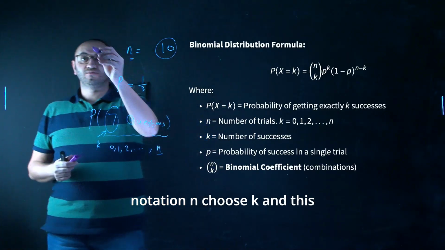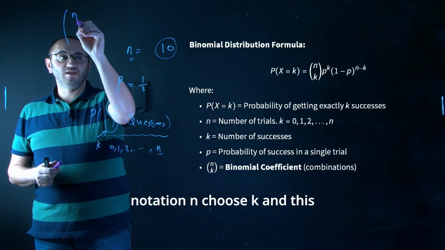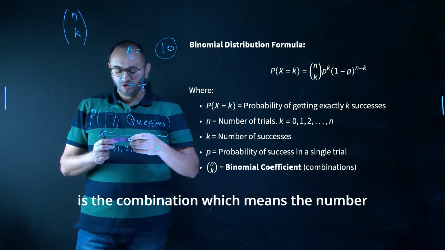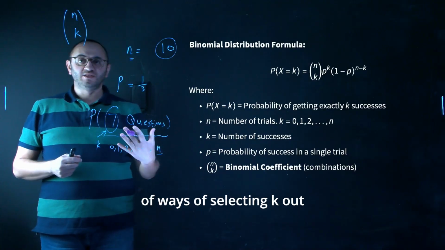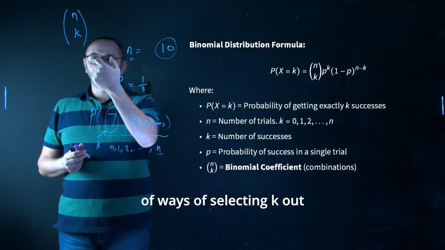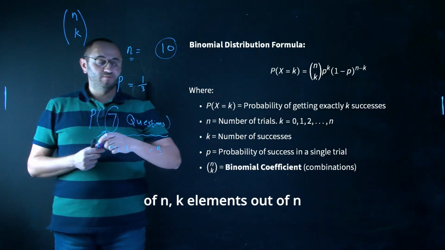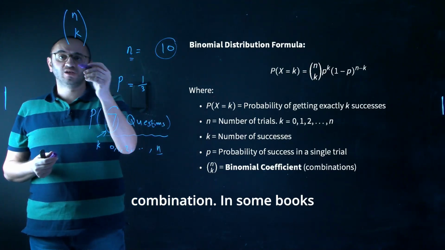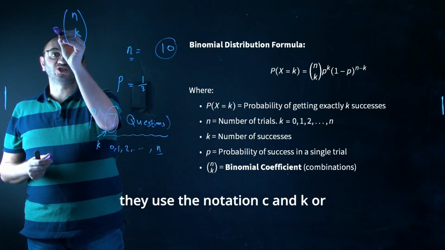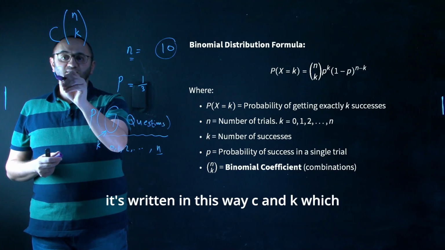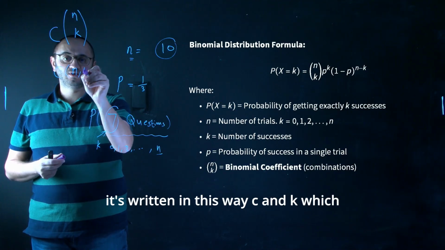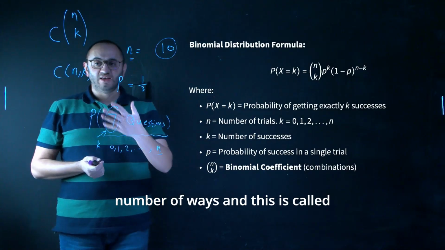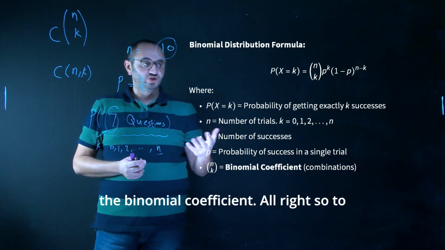This notation, n choose k, is the combination, which means the number of ways of selecting k elements out of n elements. All right, so this is called combination. In some books they use the notation C(n, k), which means the combination or number of ways. And this is called the binomial coefficient.